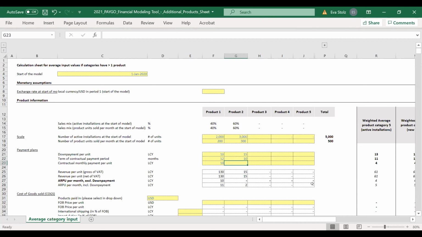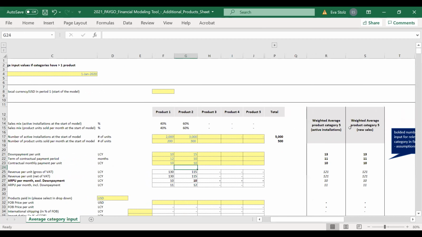I'm not going to go through all the inputs here, but basically this is just to show how the model calculates the weighted average. And then here you can see what the down payment per unit is across those two products, what the contractual payment period is, and the contractual monthly payment per unit. And then you can use those values.